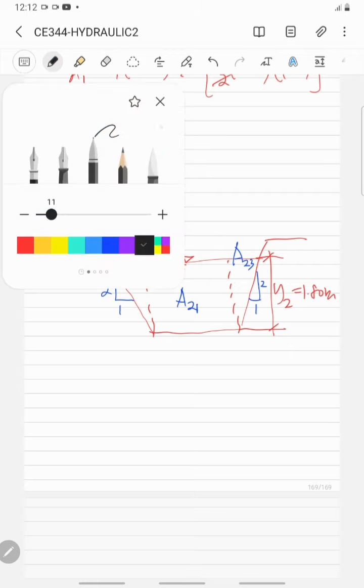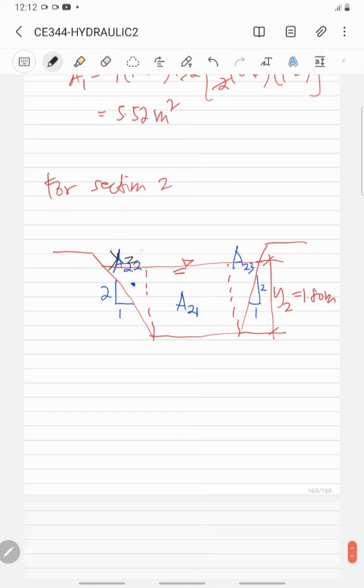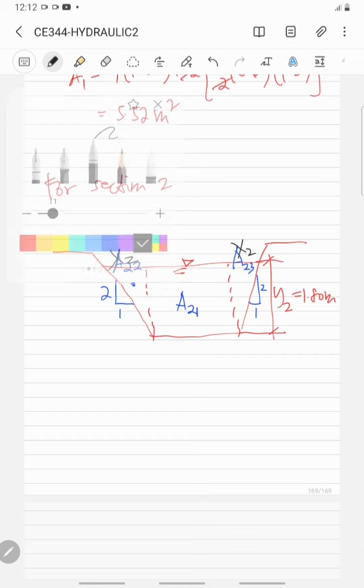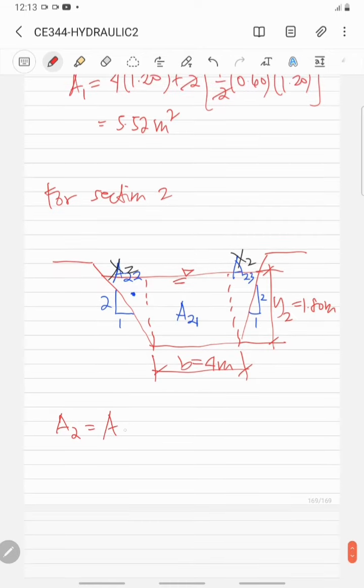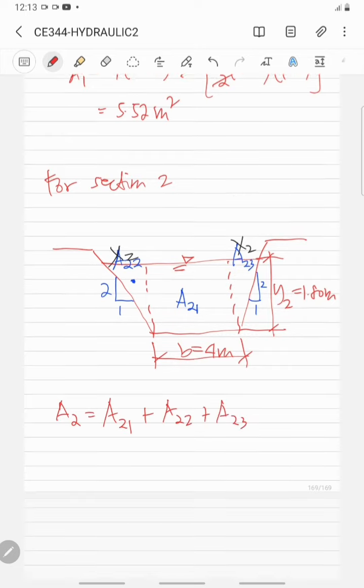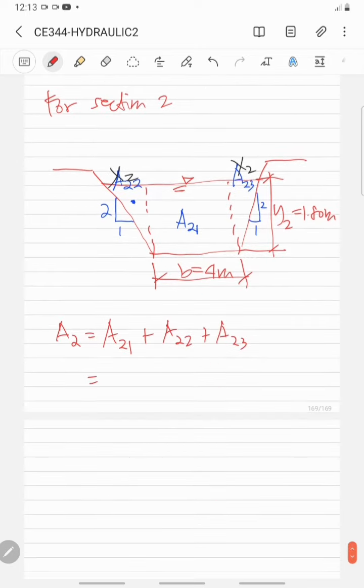Then for our x, this will be our x2, and this is also our x2. Then the bottom width is also equal to 4 meters. So for area 2, that is the sum of area 2,1 plus area 2,2 plus area 2,3.